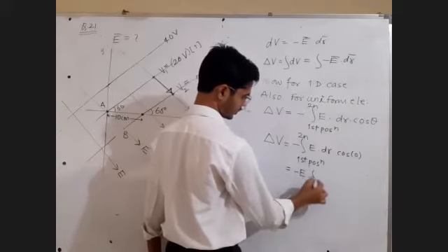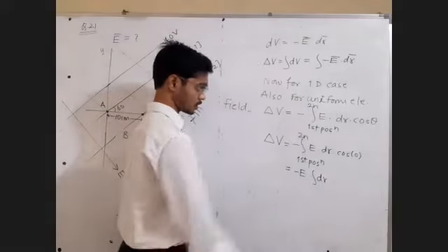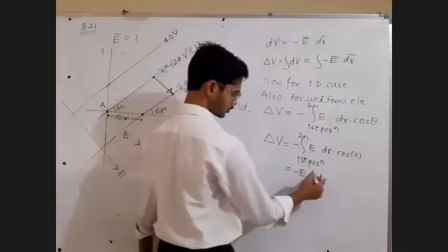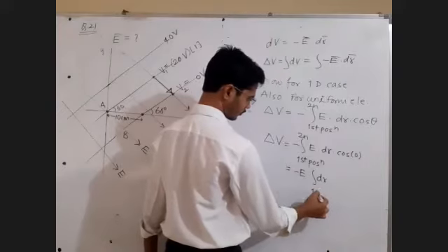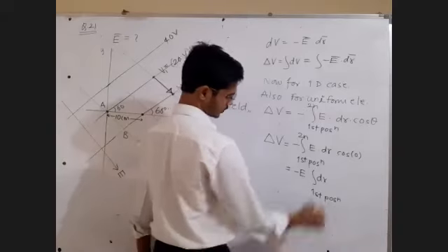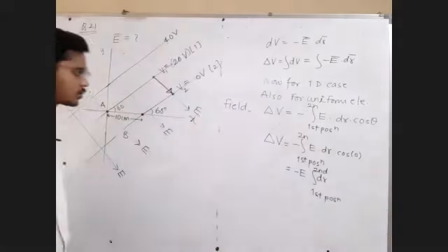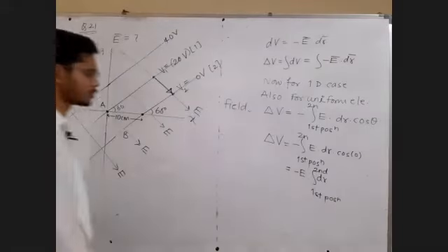So minus E integration dr, cos 0 value is 1. So integration of dr from the first position to the second position.